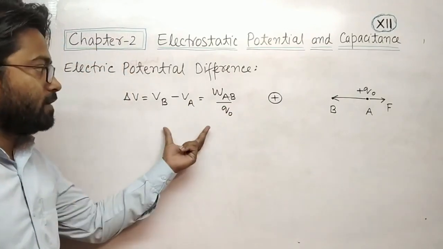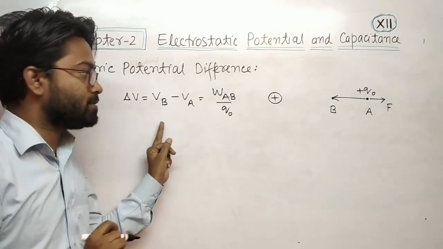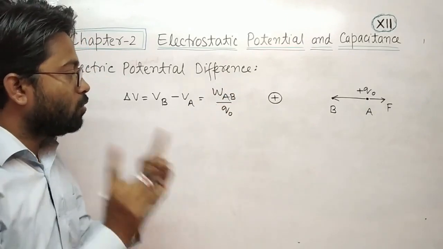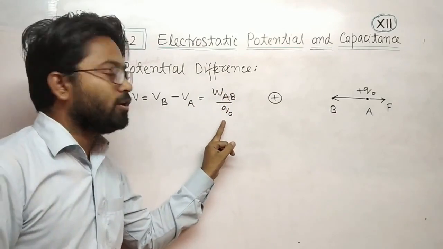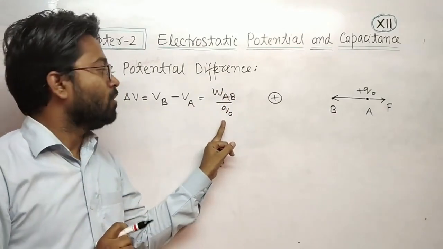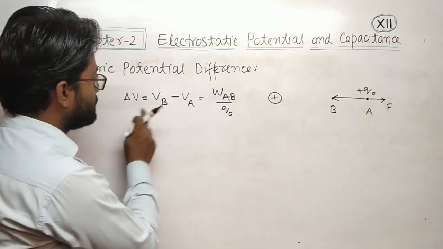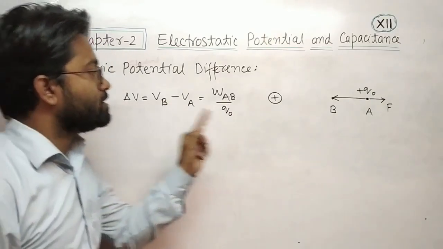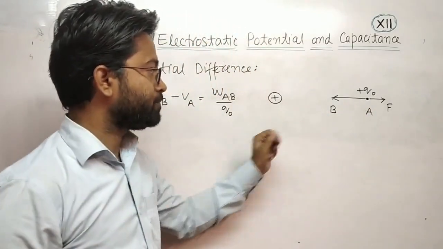The definition of electrostatic potential difference is the work done in going from point A to point B per unit test charge, or we can say work done upon Q naught is equal to the potential difference between these two points.